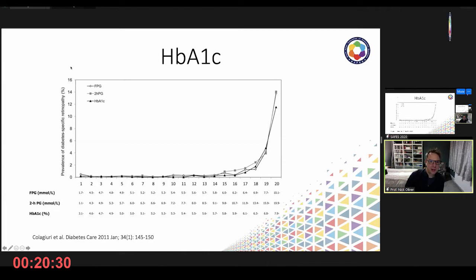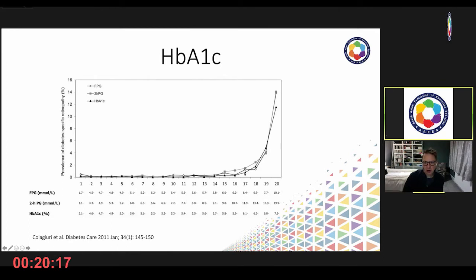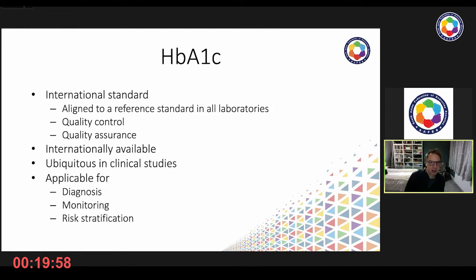And they show very nicely that for fasting plasma glucose, 2-hour plasma glucose on a glucose tolerance test, and for HbA1c, there is no risk of retinopathy until we reach this point here, where there is a takeoff and that's a sudden increase, and that coincides with a fasting glucose of 7, a 2-hour glucose of 11, and an HbA1c of 6.5, and it's those cutoffs that we use for diagnosis of diabetes.